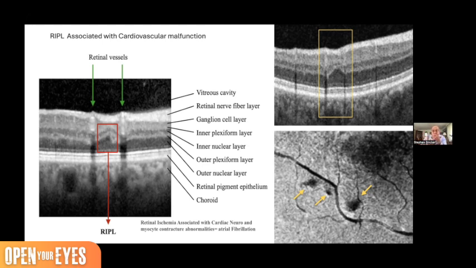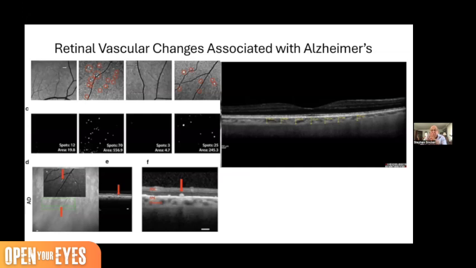So we're now realizing that cardiac abnormalities are not just large vessel occlusions, but small vessel abnormalities and occlusions that we're seeing in the retina, that we're also witnessing in the cardiac conduction abnormalities and contraction abnormalities.